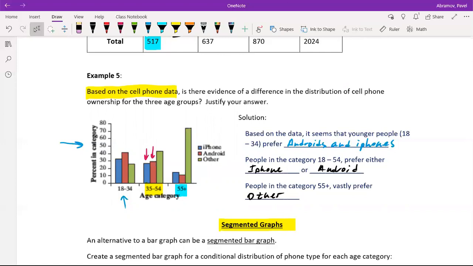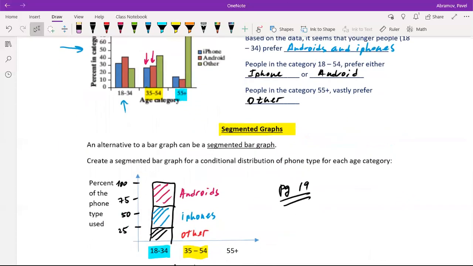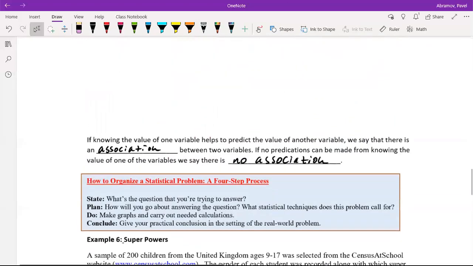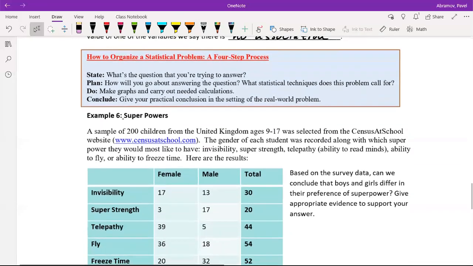However, at the same time, we can see that the younger people, 18 to 34, did prefer Androids and iPhones. So if we have a cell phone store, we can market newer phones to the younger generation, use that kind of advertisement, but then we can advertise the other types of phones to the older generation, because there is once again an association between the age and the type of phone that's preferred.